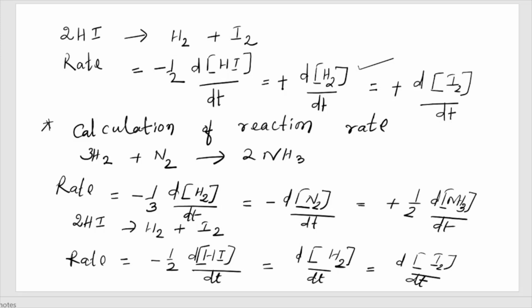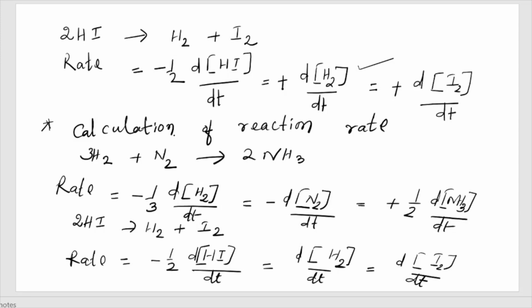That means you are sure that minus 1 by 2 is for the reactant and plus d[H2] by dt and plus d[I2] by dt for the products. So the calculation of reaction rate is the same, and here the rate is the same.